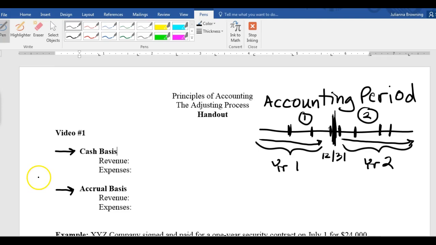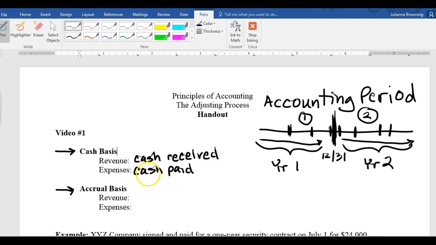So under the cash basis of accounting, revenues are recognized when cash is received, and expenses are recognized when cash is paid. So it's a relatively straightforward system. Cash in is revenue, cash out is expenses.